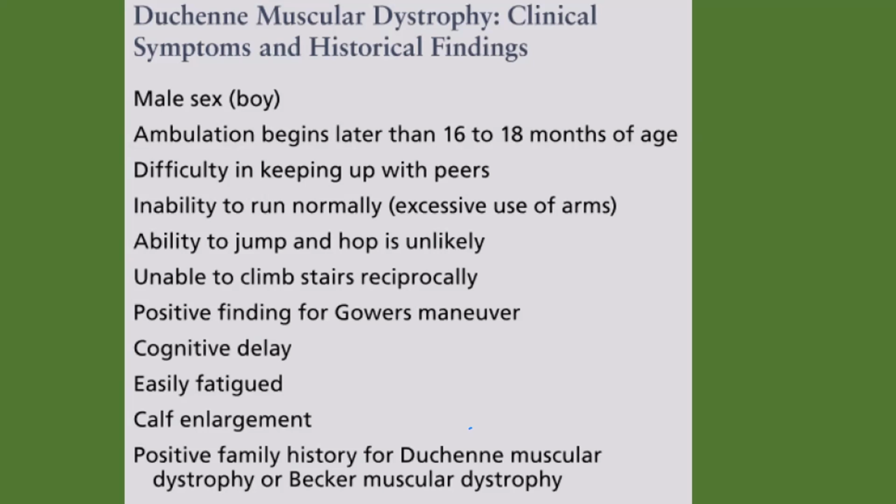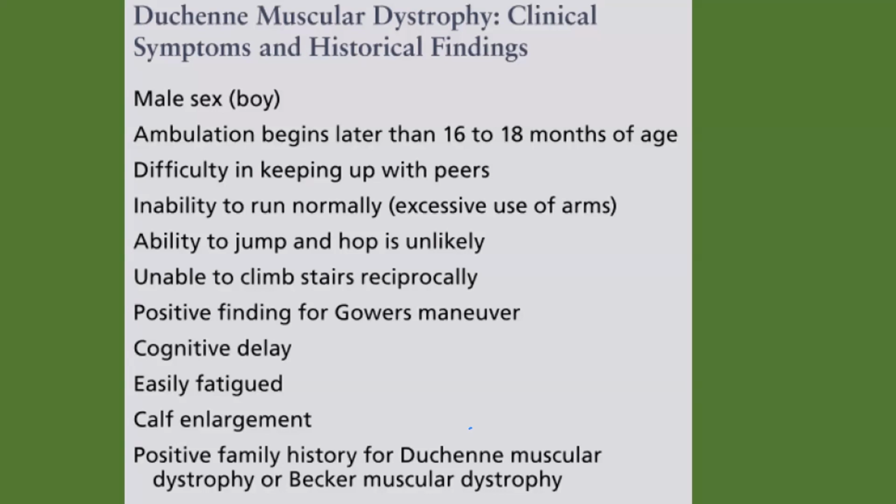Let me tell you this, many times we get families who are not acquainted with this condition. They get their son and they say, this child is weaker than his other siblings. If he is on the floor, he cannot get up without using his hands to get up. He cannot go up the stairs easily.